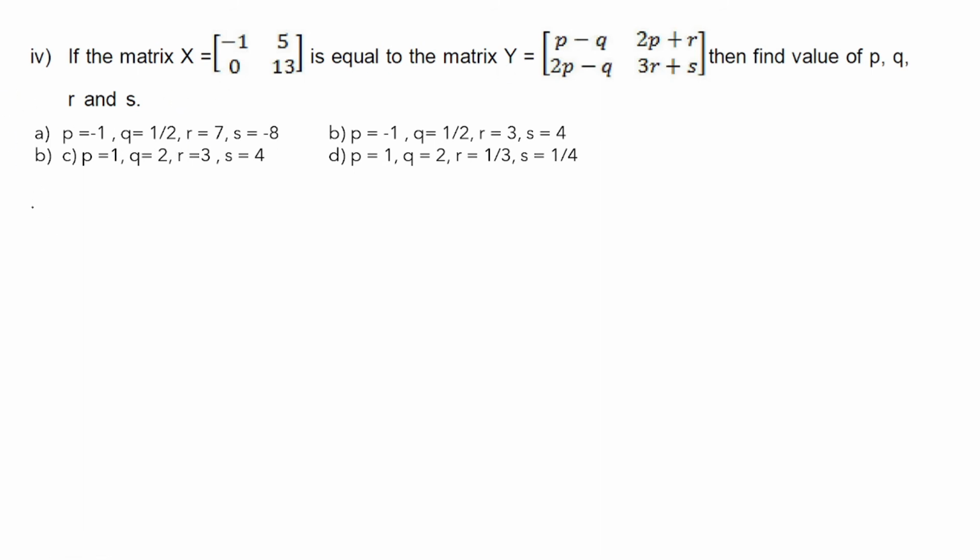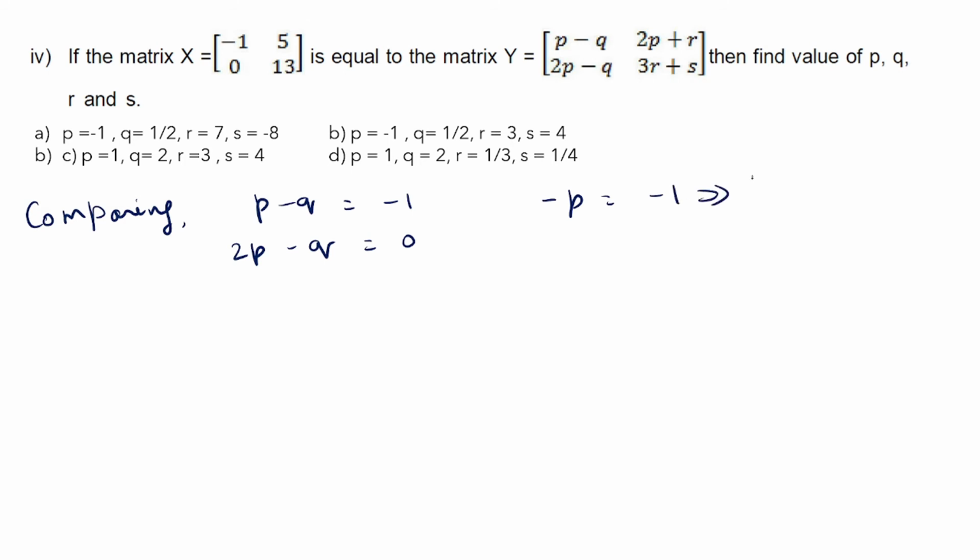So comparing, we get P minus Q equal to minus 1 and 2P minus Q equal to 0. So on solving these two, we get minus P equal to minus 1 or P equal to 1. So when we substitute P equal to 1 in this equation, we get Q is equal to 2.